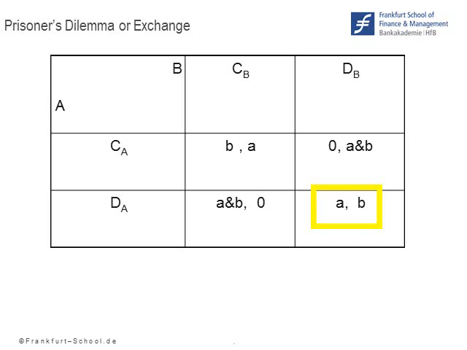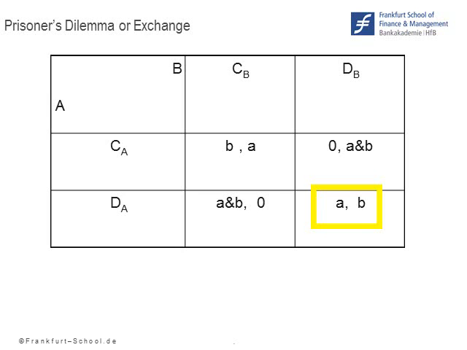We have agreed to exchange A against B, small letters now, but if we don't keep to the agreement, then if the other keeps to it, we are better off, and if the other does not keep to it, we are better off as well.